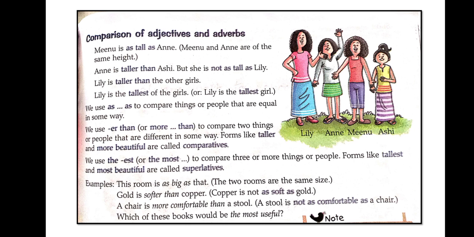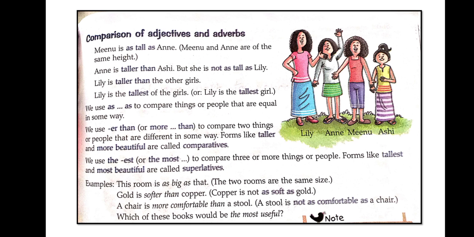Here Minu is as tall as Annie, so Minu and Annie are of the same height. When we have something similar between two things or two persons, we can use as tall as, as short as, whatever adjective or adverb you need.